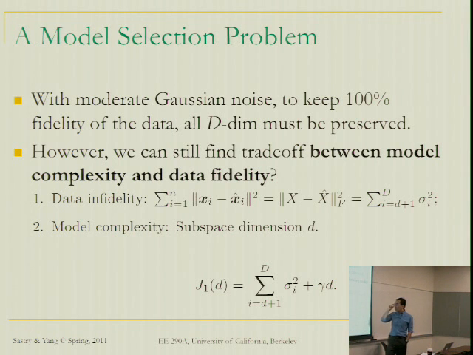Now, on the other hand, if I choose d equal to capital D, what will happen? If I choose small d equal to capital D, because I can just use the original canonical basis of my ambient space as the basis of my subspace, then I don't lose any information.